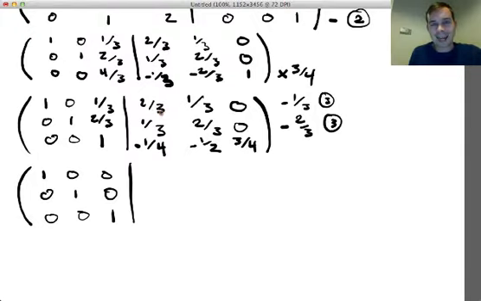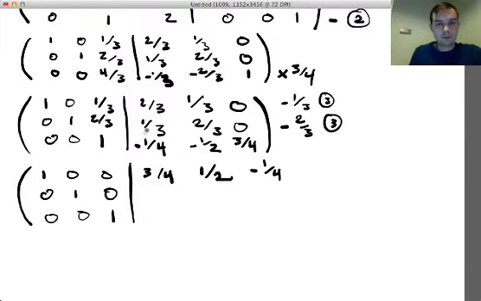So ultimately I get 9/12, and when I simplify, that's 3/4. Now I have 1/3 plus 1/6, which is 2/6 plus 1/6, which will give me 1/2. Now finally, 3/4 times minus 1/3 is minus 1/4, and that's what I obtain in that entry.